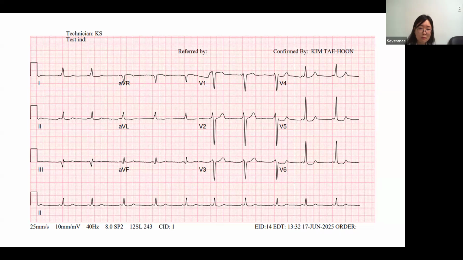But looking at the positive QRS complex in AVF, it tells me that it's from an anterior location. So I'm thinking right, either anteroseptal because of that initial transition, or right-sided, probably free wall.